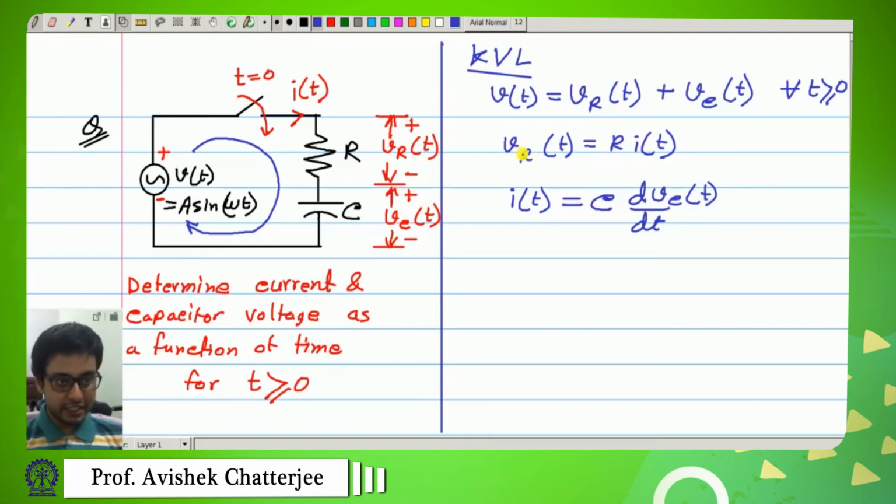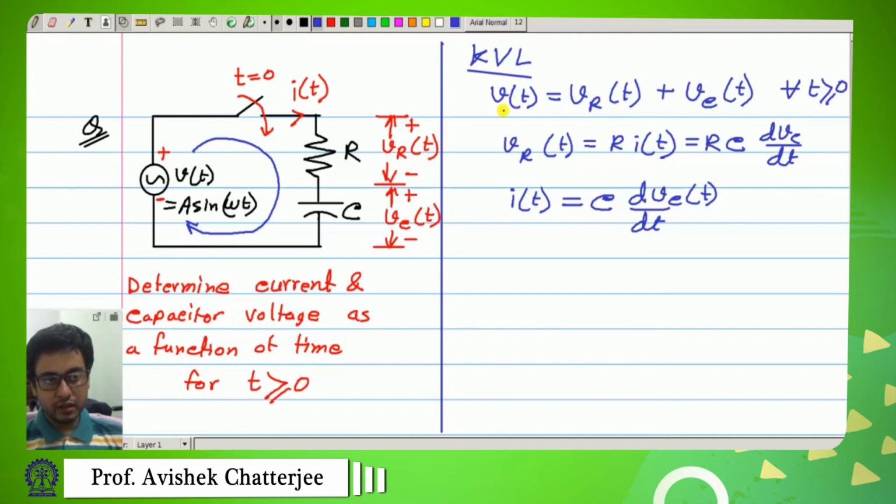This is Ohm's law and this is from the principle of the capacitor. Then I can write vR equal to R, and in place of i I will put this, RC dvC/dt. You can solve this problem in different ways, no problem. I am just doing it in one way.